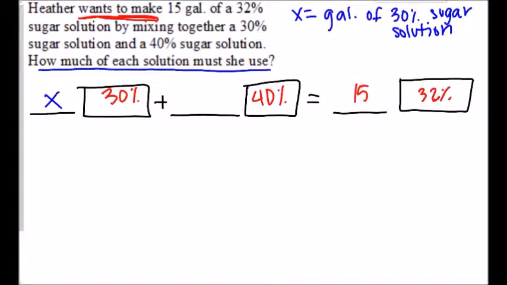Now we want the total to be 15 gallons. And if we already know that the 30% solution comprises x amount, how could you come up with this value? So what I would do, I would take your total and subtract what you already have. Now you're set to make an equation.